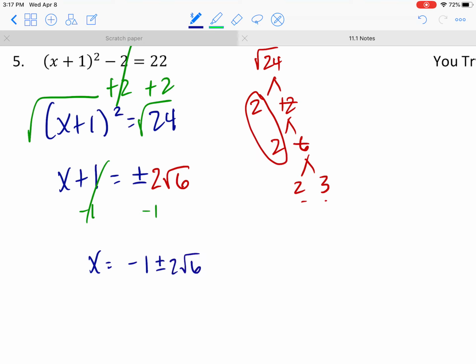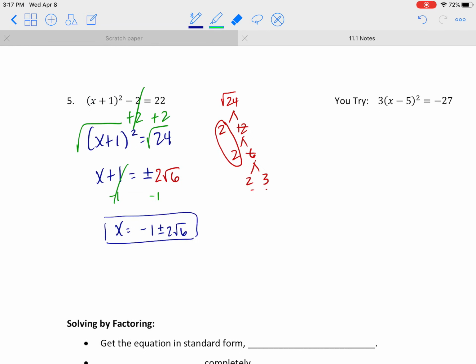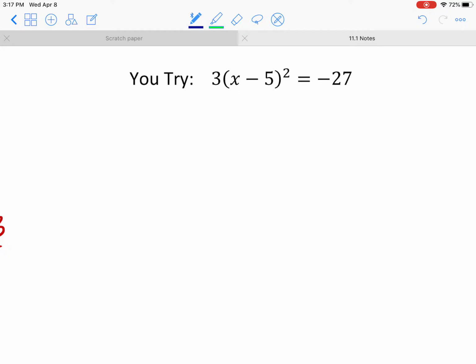So since those can't go together, I'm going to just subtract the 1 from both sides and say x is going to equal negative 1 plus or minus 2 radical 6. Negative 1 plus 2 radical 6 and negative 1 minus 2 radical 6 are two irrational solutions. Since these can't be combined, there's no point in separating them out, right? We can leave our two solutions like that. Ugly, but they can look like that, okay? It just means there are some decimals.